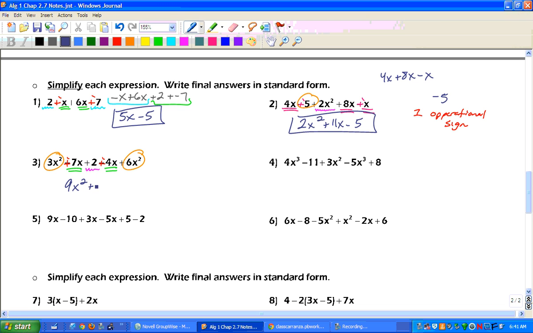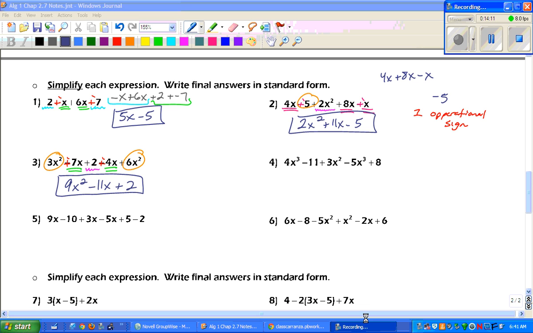Negative 7 plus negative 4 gives me, oh, there I am writing my extra sign, negative 11x. And finally, you're left with that positive 2. Hopefully you guys are marking up your papers just like I am, or using your own shapes. Okay, I'm going to go ahead and pause the video and you guys try 4, 5, and 6.